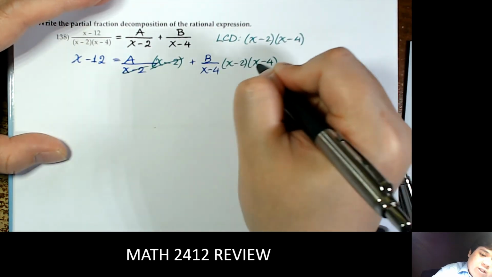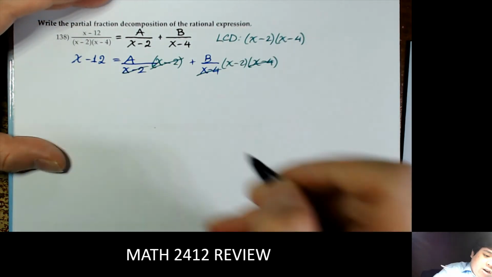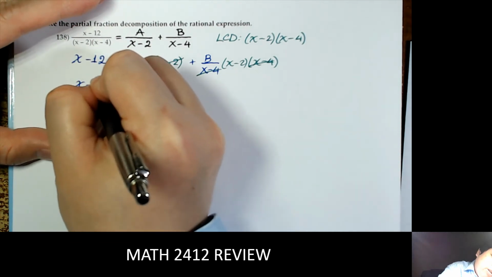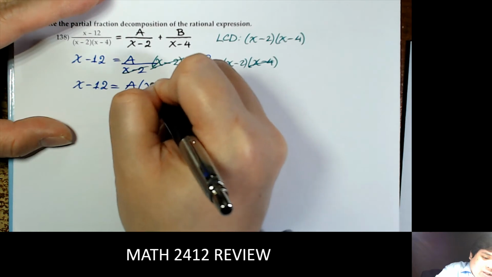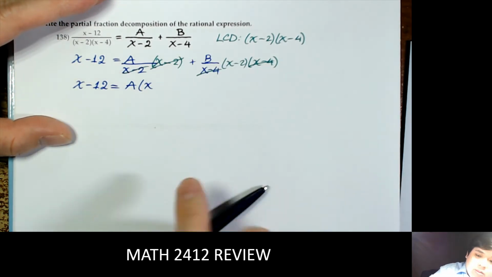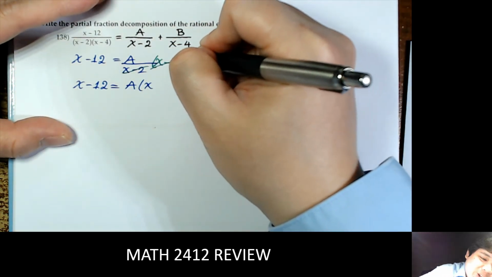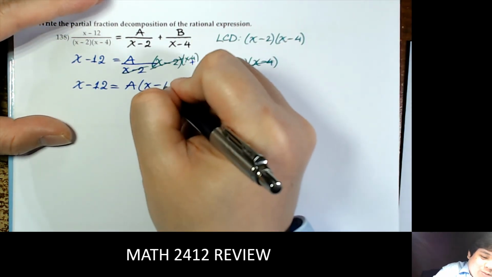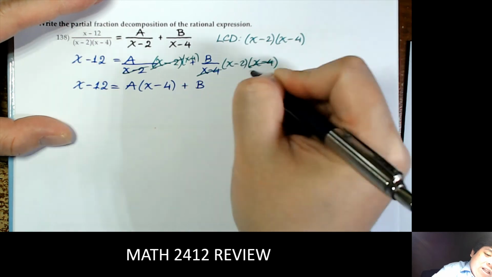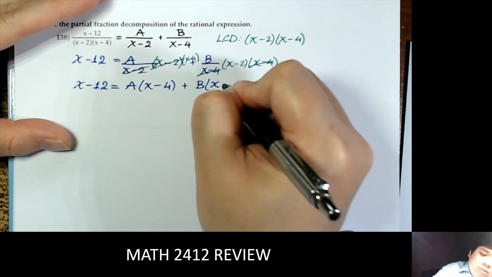That cancels out, that cancels out. We have x minus 12 equal to A times x minus, forgot the x minus 4 here, sorry. So x minus 2 cancels out, we still have x minus 4. And then for B, x minus 4 cancels out, we have x minus 2.